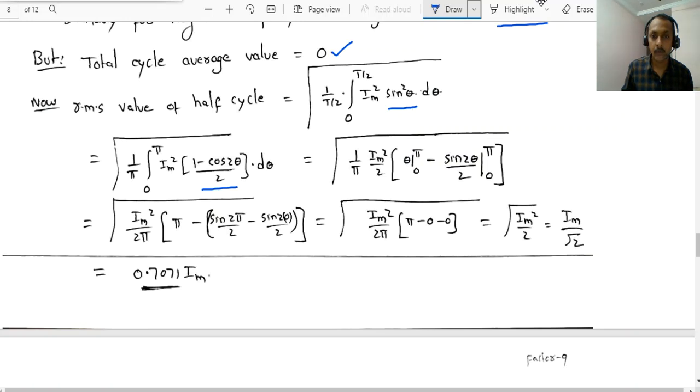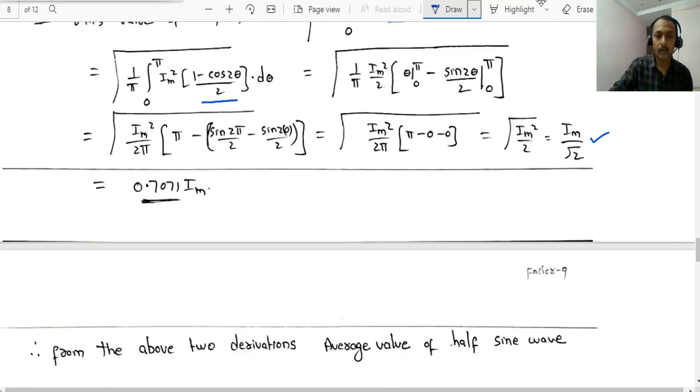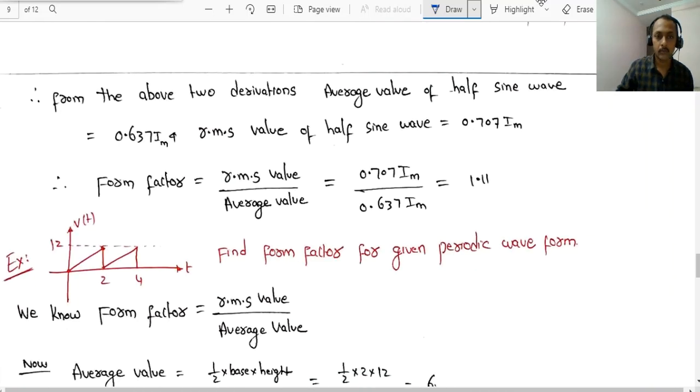On simplification, we will get Im by root 2, just like Vm by root 2. Now 0.7071 times Im. Now we want the form factor, the ratio of both. RMS value we got as 0.707 and average value 0.637. So the form factor is 1.11.